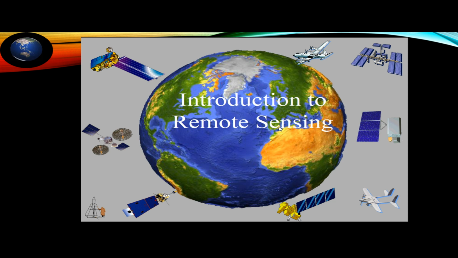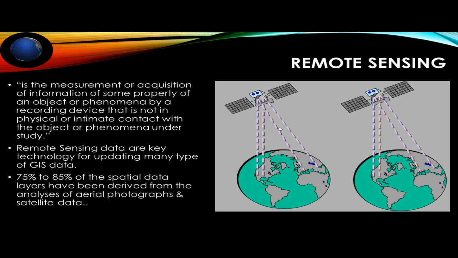So let me introduce remote sensing. Remote sensing is the measurement or acquisition of information about some property of an object or phenomenon by a recording device. It means we are not going in and touching or being in contact with the object.